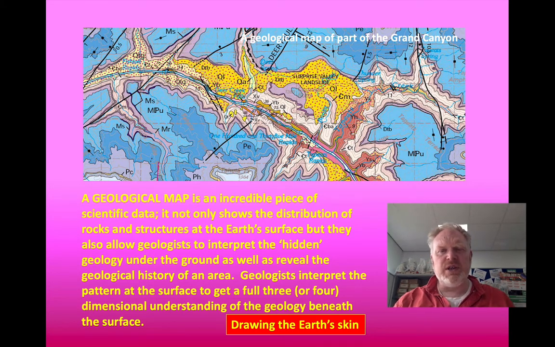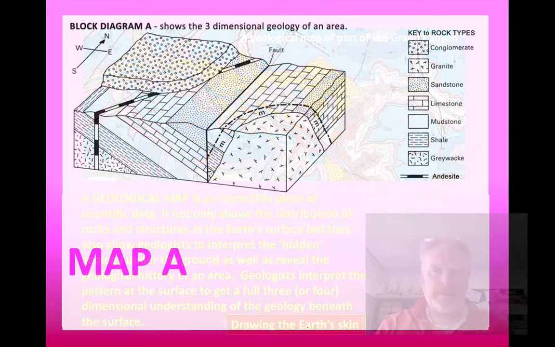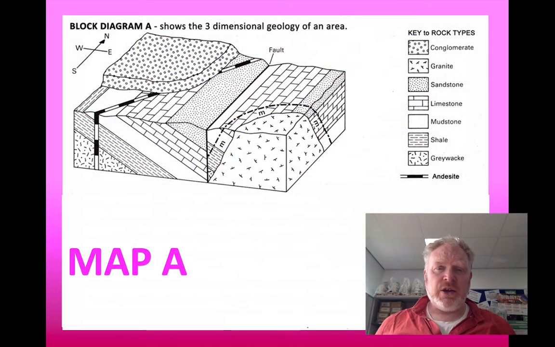Now, to do this, we need to start to understand how these maps work. To do this, we're going to start looking at Map A on pages 6 and 7 of the Theme 14 booklet. This diagram is what we call a block diagram.